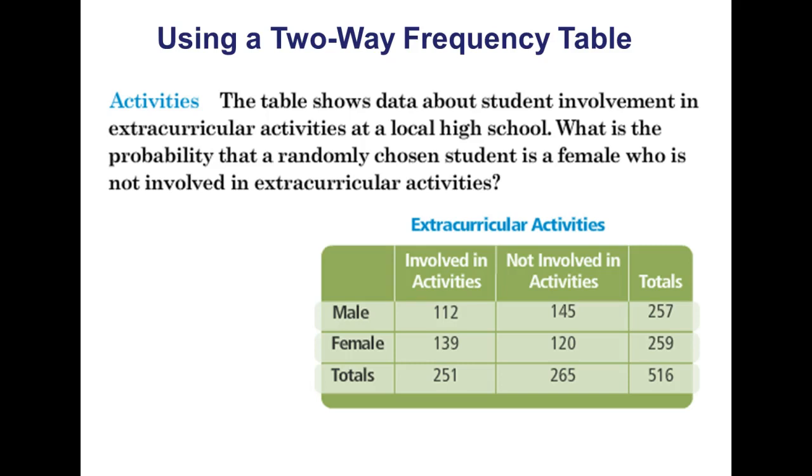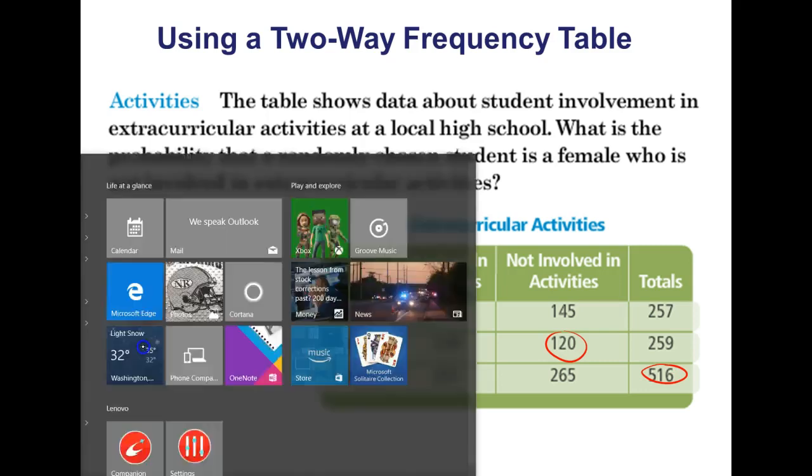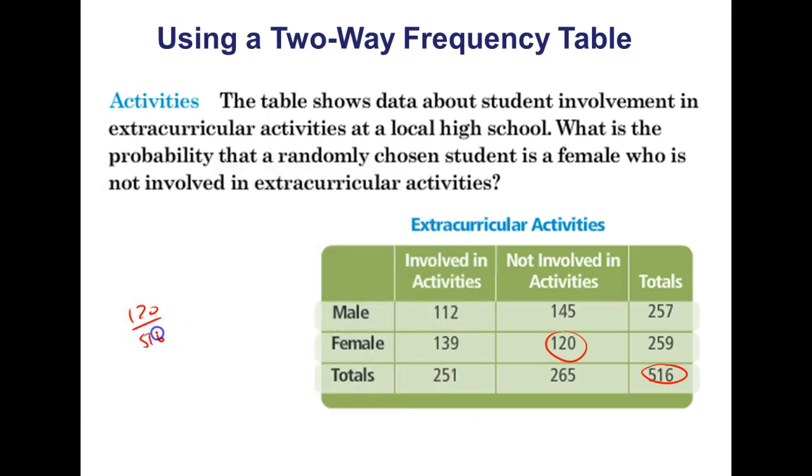So the group of people that fit both of those characteristics, both female and not involved, would be this 120. And since it's a probability, we want to know that out of the total population. So our answer would be 120 out of the 516, which is approximately 0.233.